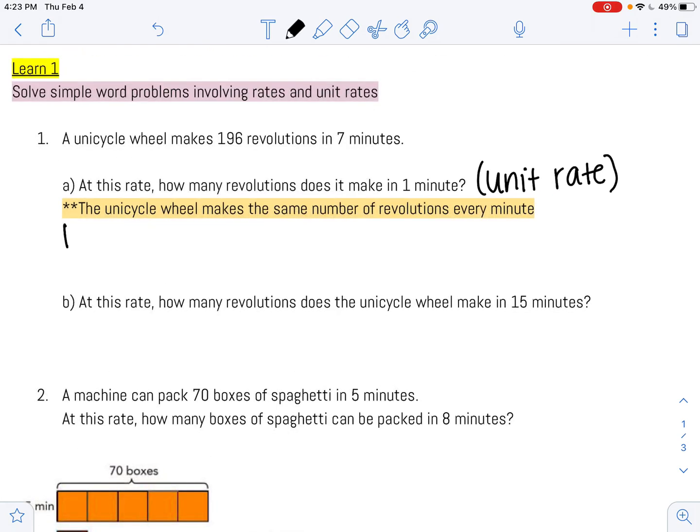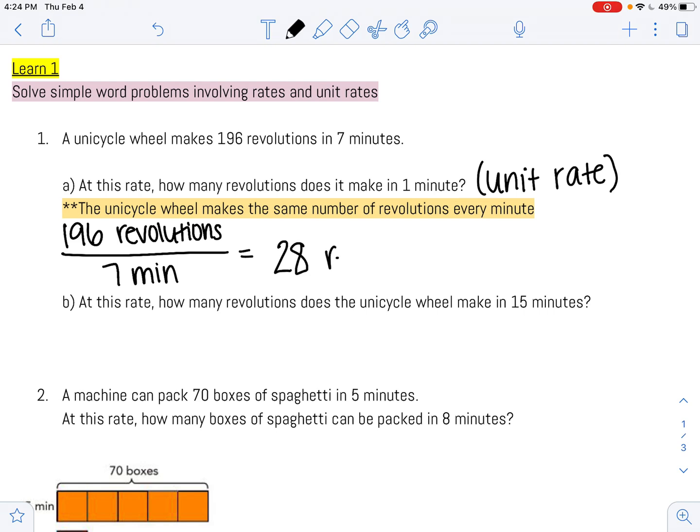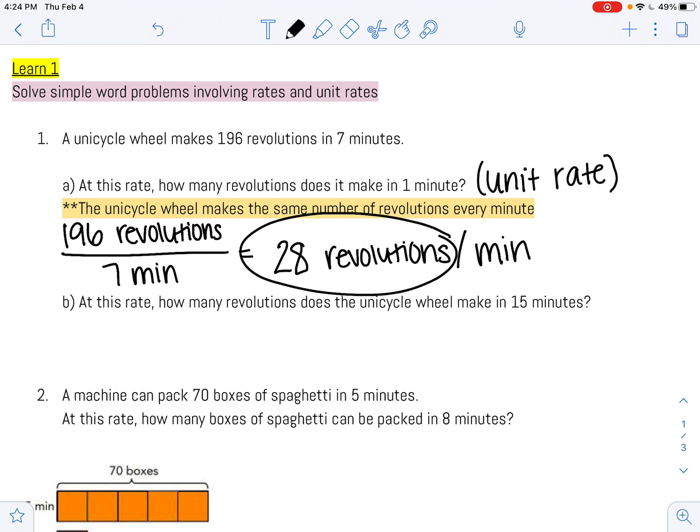If we take 196 revolutions divided by 7 minutes, we plug in 196 divided by 7 in our calculator, we would find that it can make 28 revolutions in 1 minute. So 28 revolutions, that is our unit rate.